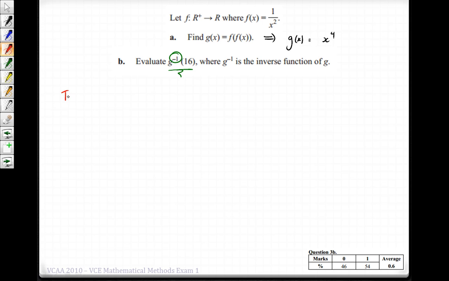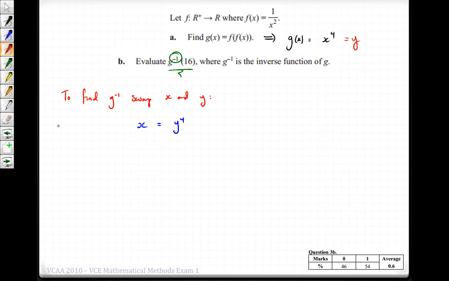Well, to find the inverse, swap x and y. If we say this is the same as y equals x to the power 4, and we swap x and y, we'll pretty quickly find that we've got x equals y to the power 4.